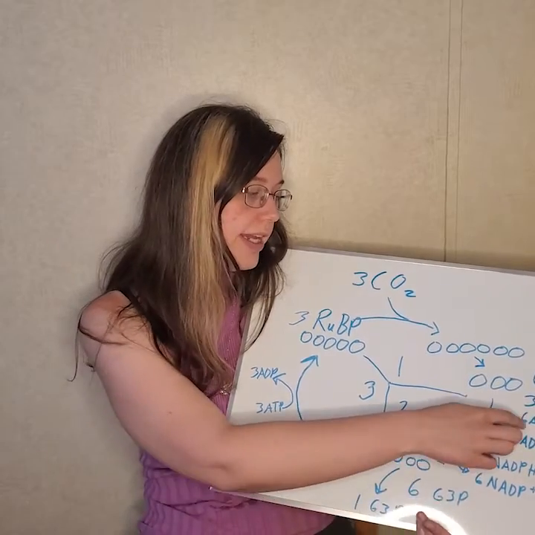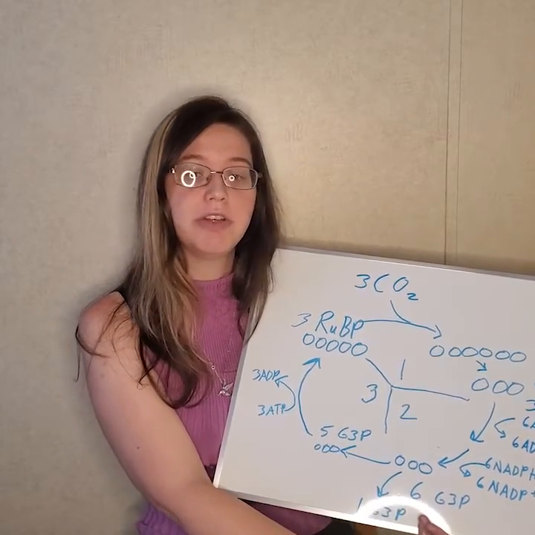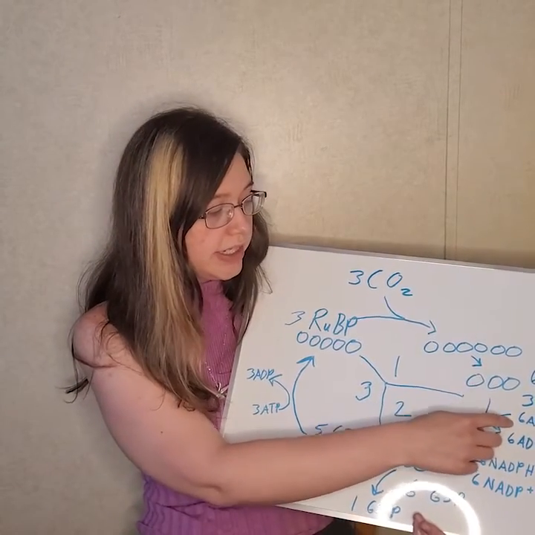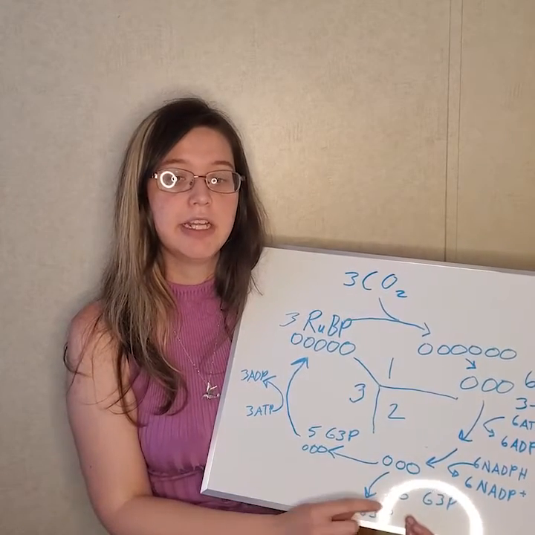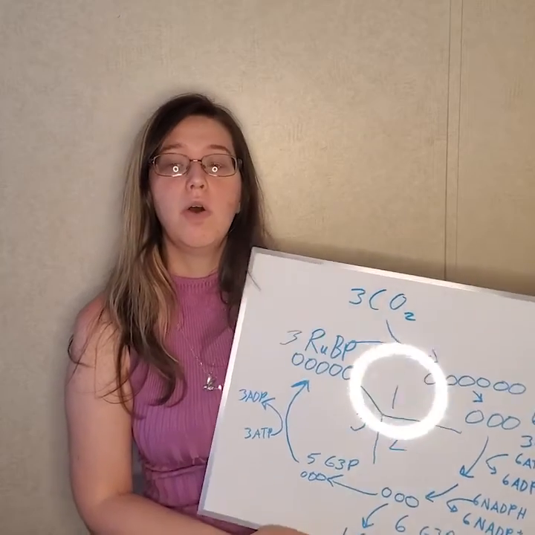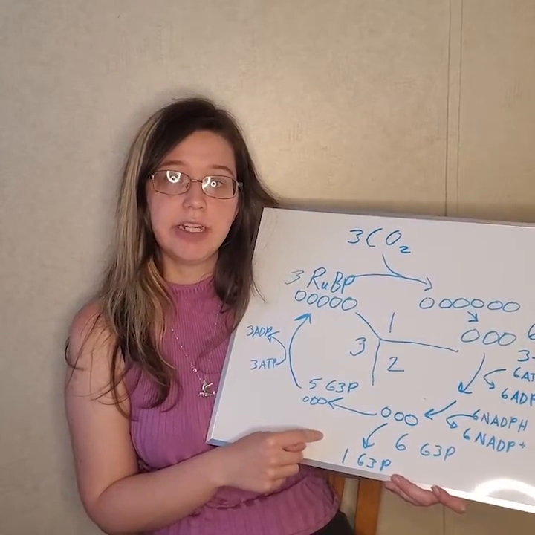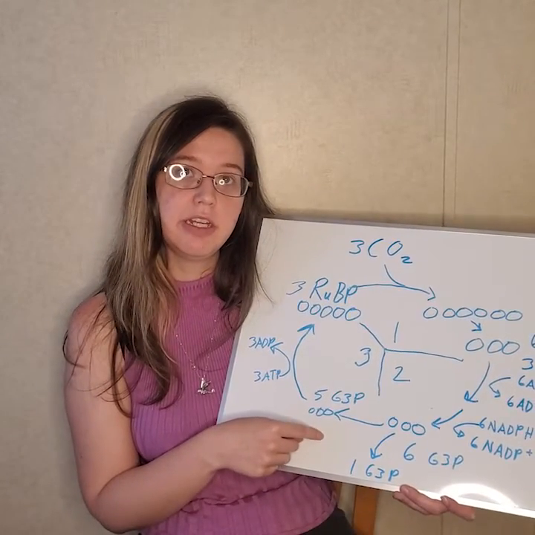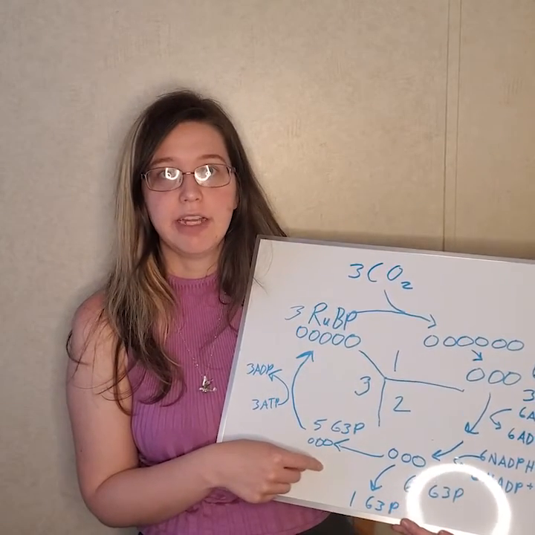It uses the ATP and the NADPH that were formed during the light reactions. 6 ATP and 6 NADPH are required to make the 6 G3P. Only one G3P molecule actually exits this cycle. The remaining 5 molecules of G3P stay and are used to go through the last step.